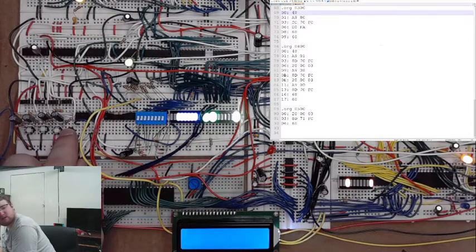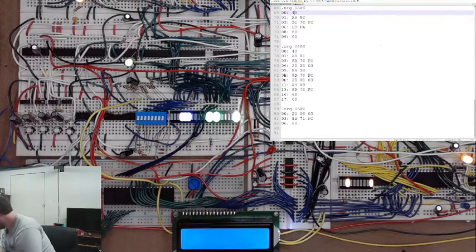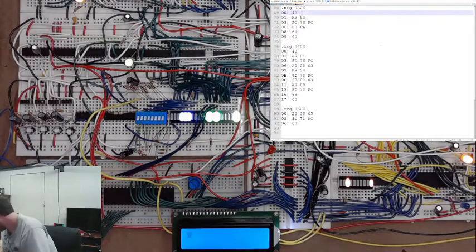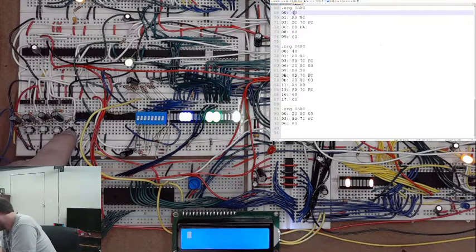FC. 2, 0. 0, 3. It's supposed to be A9. Okay, which one's this one? I just came from 9. This is supposed to be 3, 8. Okay, that looks right then.